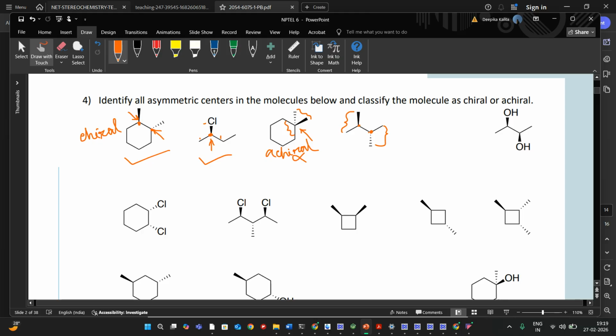Hence, this molecule again does not possess a center which is linked to four different groups. This is why there is an absence of asymmetric center in this molecule as well. Moreover, this molecule is symmetric. Hence, this molecule will also be achiral. I hope this is clear to you.